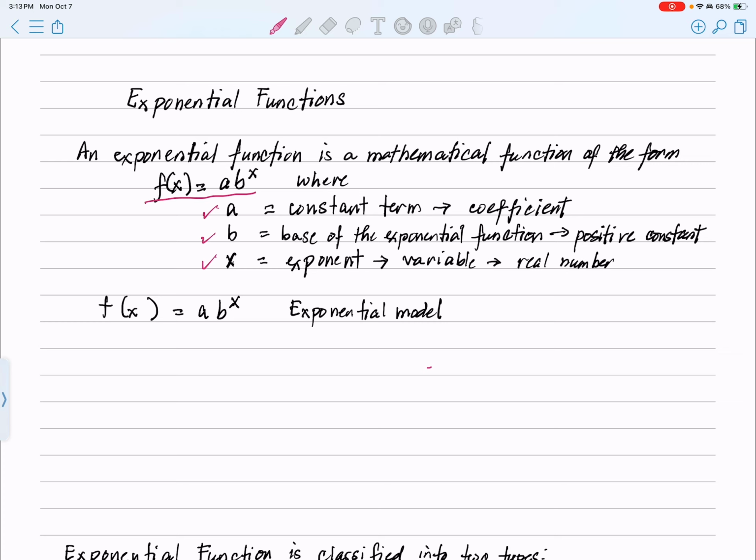So we call this our exponential model. That is f of x equals a b to the power of x. We'll get to know this model later on.